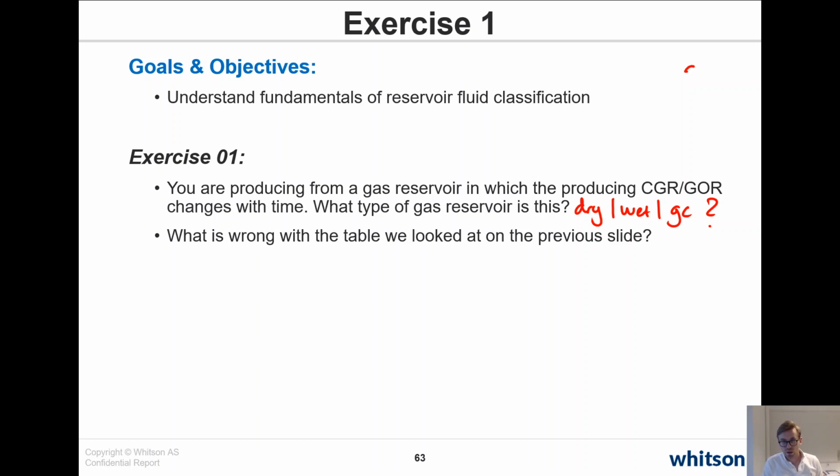So we know that the GOR of a dry gas reservoir, so if we start with the dry gas, we learned that the producing GOR for dry gas is always infinite.